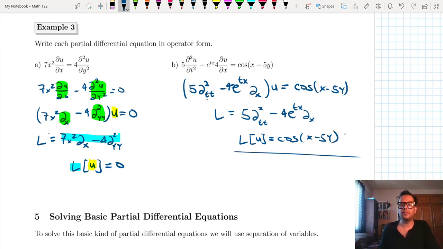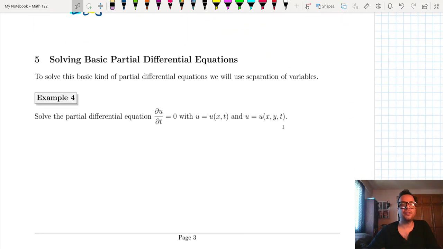Okay. Again, we have this u, which is whatever function solves this equation, and L is going to be all this right here.